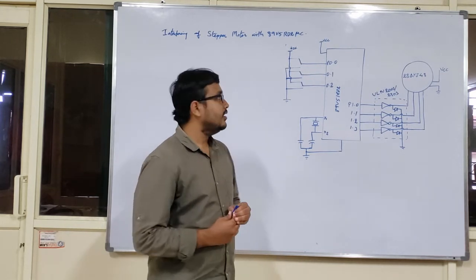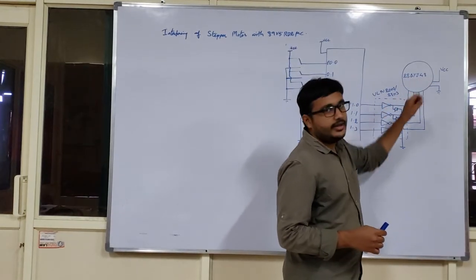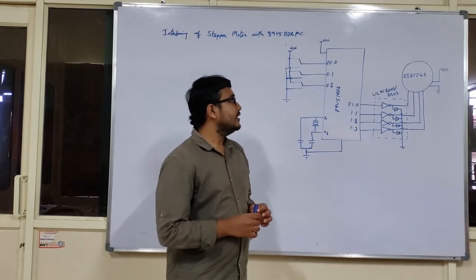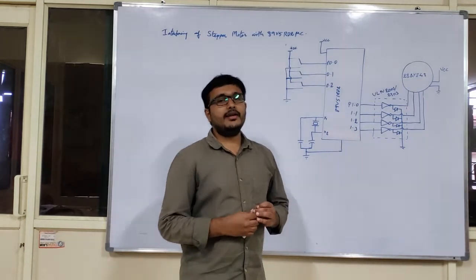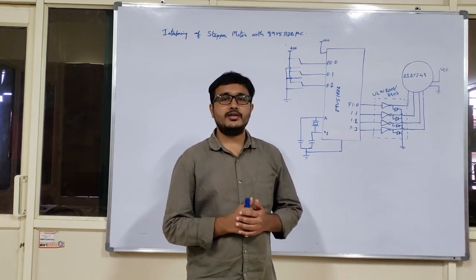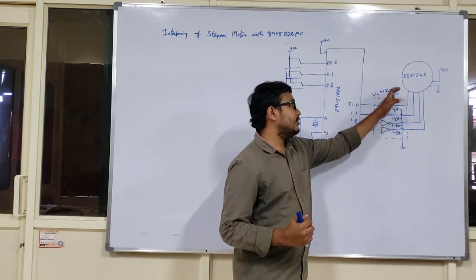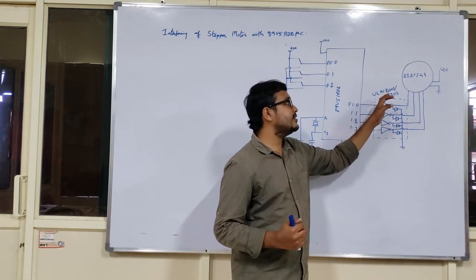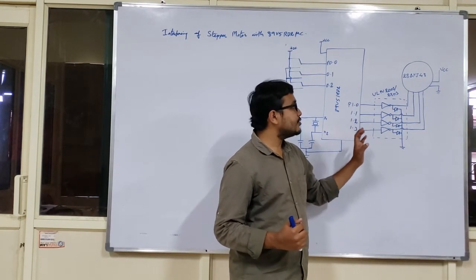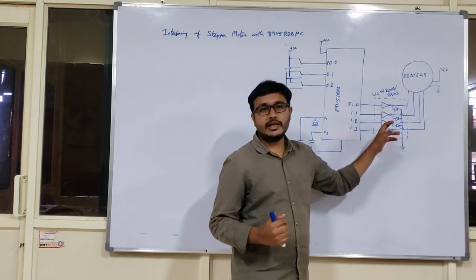The module of the stepper motor is 28BYJ48. This is the module name of your stepper motor. These stepper motors are generally controlled by special functionality integrated circuits, called ULN2003. This special function integrated circuit will be controlling the stepper motor, and it is offering limited control functionality for the stepper motor.